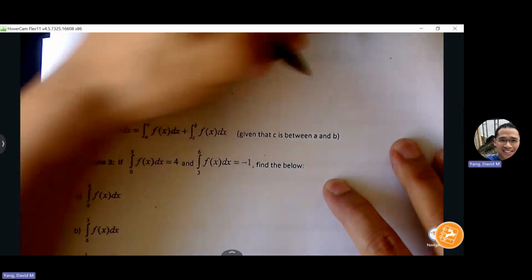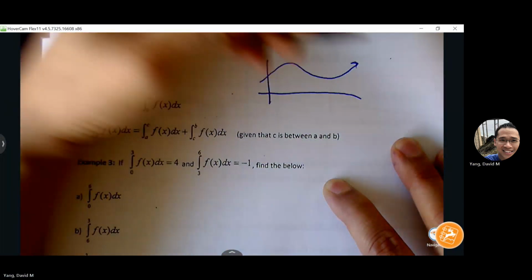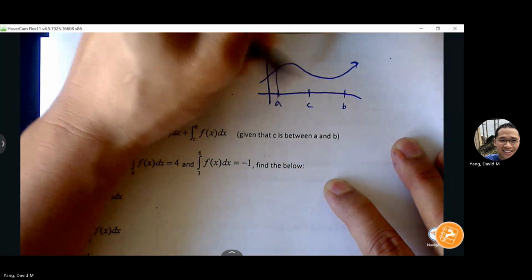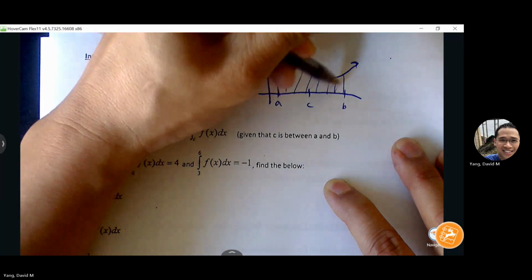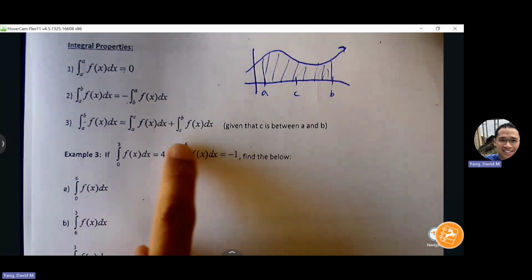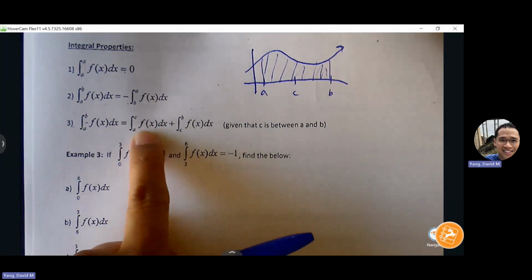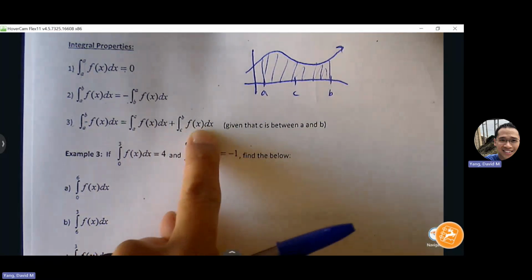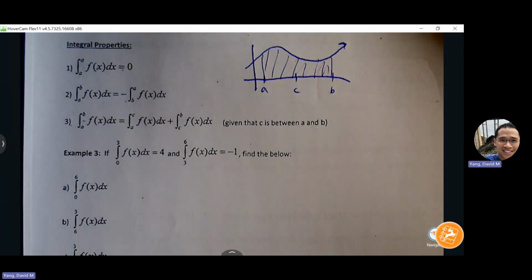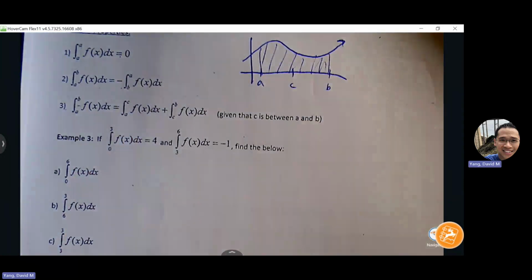So for instance, if my full region is from A to B, and C is between, if it helps, I can split it up into two regions: the area from A to C and the area from C to B. Sometimes it's helpful to break into smaller parts so we can see things more clearly. So we can always break a larger region into smaller regions.